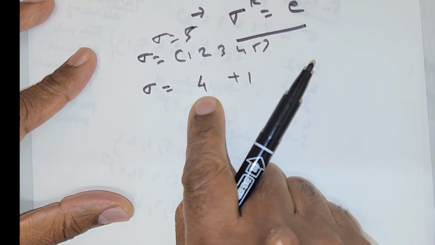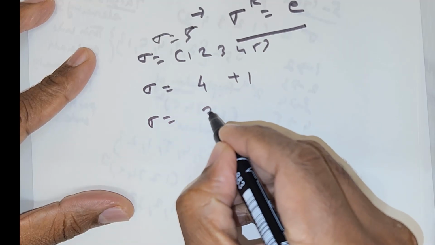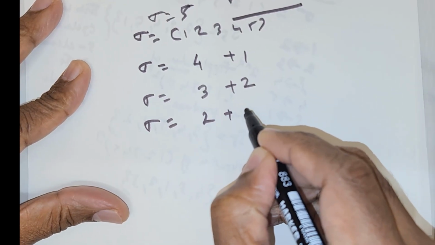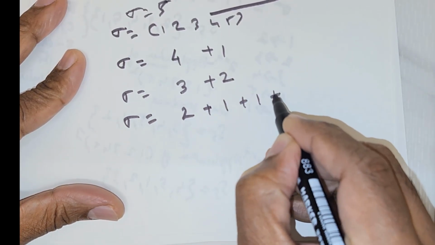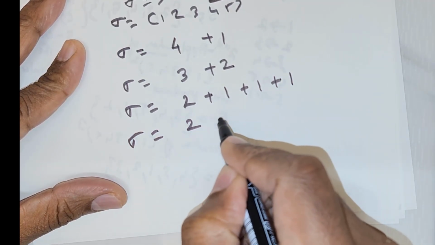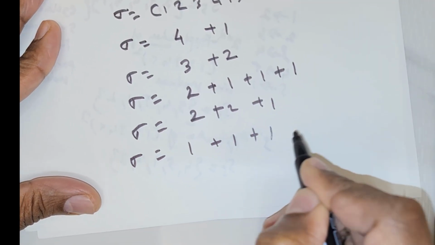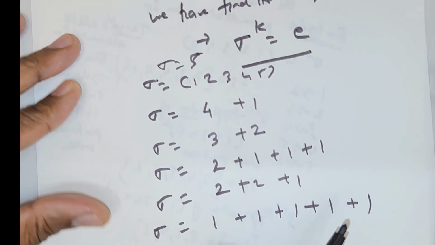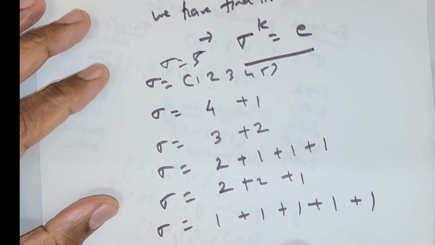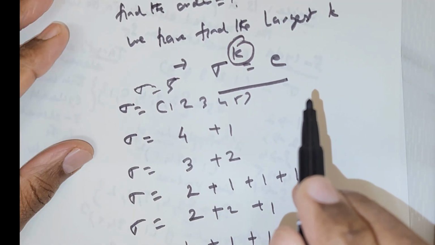I can have a 4 cycle followed by a 1 cycle. I can also have a 3 cycle and a 2 cycle. I can also have a 2 cycle and three 1 cycles. I can also have a 2 cycle, another 2 cycle and a 1 cycle. And I can also have five 1 cycles. So all these cycles are possible. Now the all important fact is we are looking for the maximum value, k should be maximum.